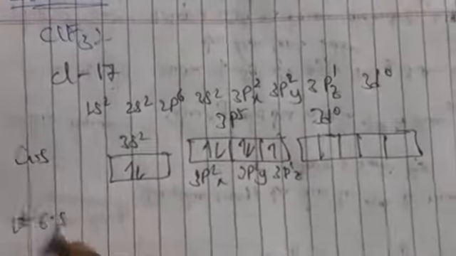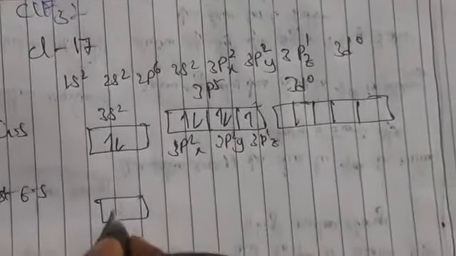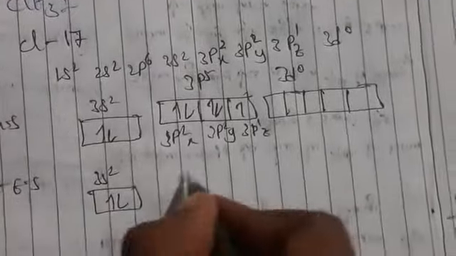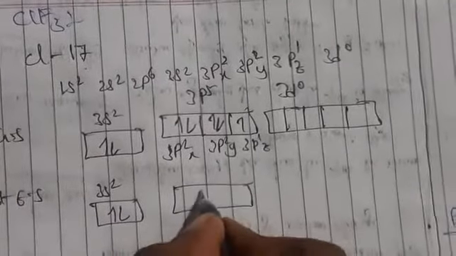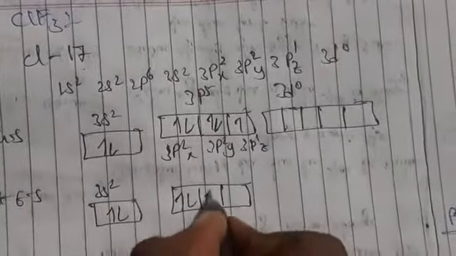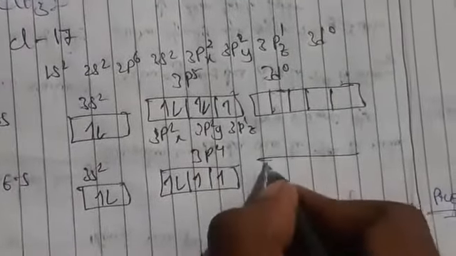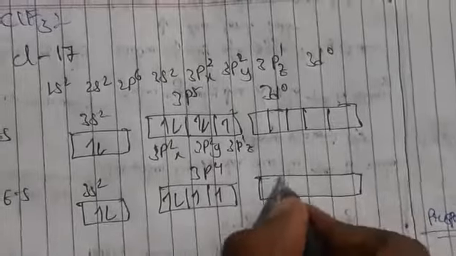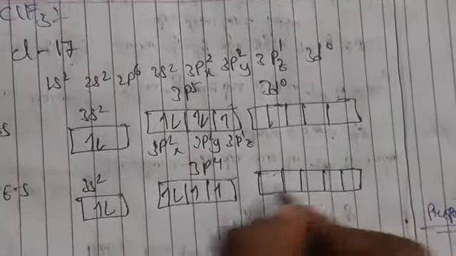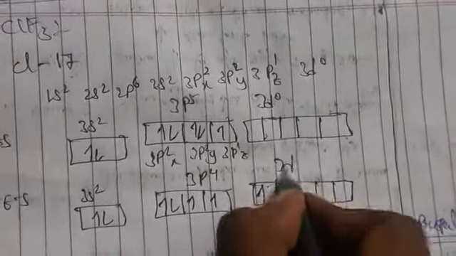Okay, so in the first excited state, what happens? The electron enters into the d orbital. Here the configuration becomes 3p4, and in the excited state the electron enters the d orbital, that is 3d1.